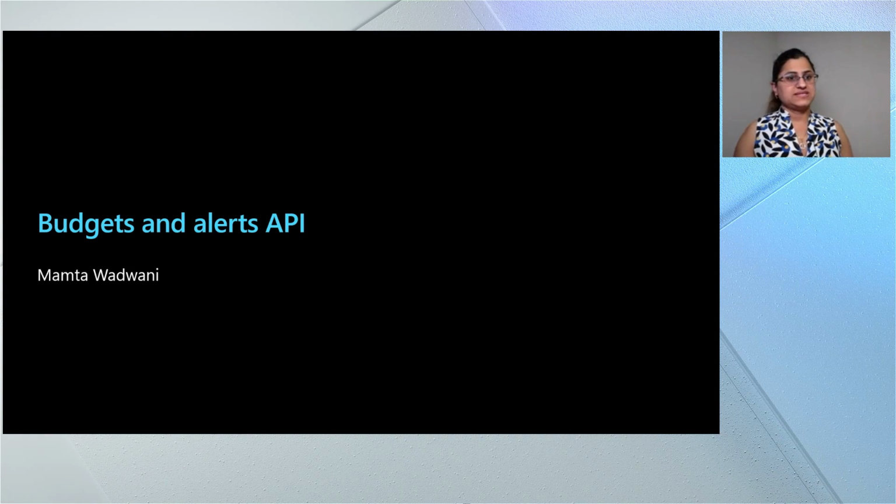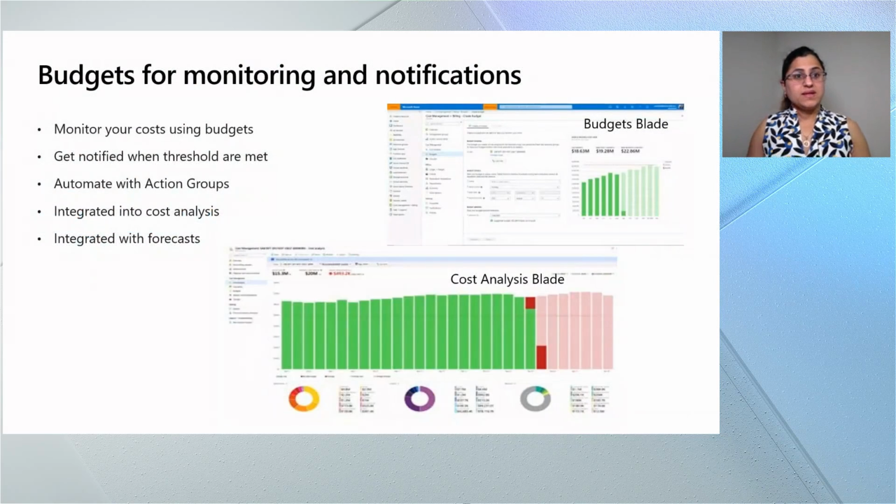Our next topic is budgets and alerts. Budgets and alerts are one of our key features where you can take some actions. This is how budgets are integrated with our portal. You can actually create budgets at different scopes.